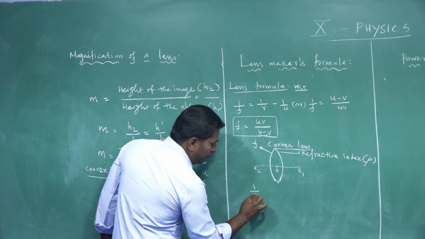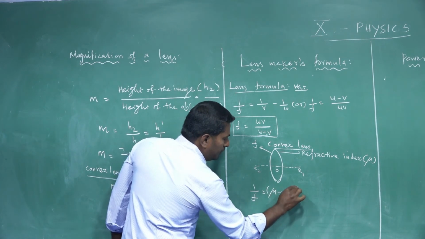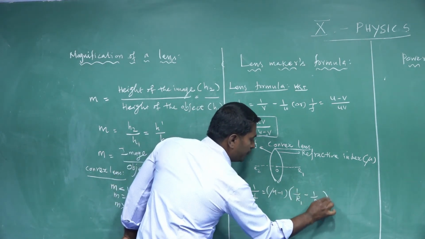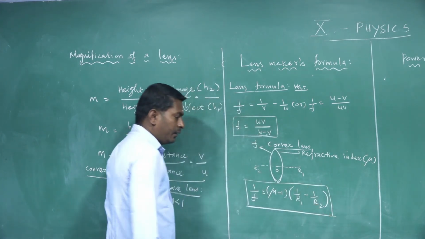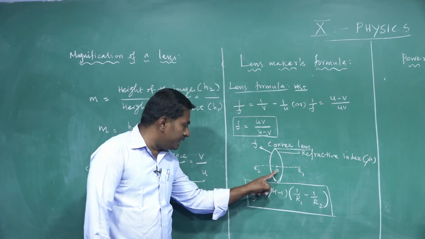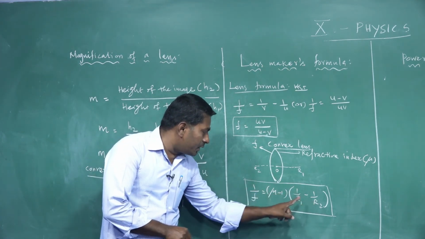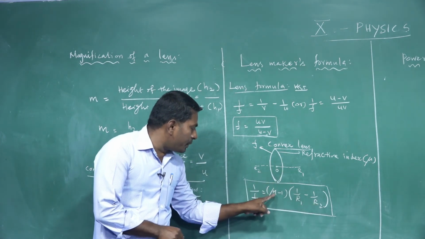1 by f is equal to mu minus 1 times (1 divided by R1 minus 1 divided by R2). This is the lens maker's formula. We need a focal length of this lens, so we decide the radius of curvature R1, the other radius of curvature R2, and the refractive index of the transparent material.